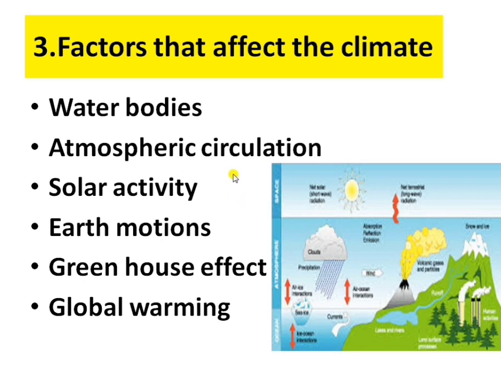Second is atmospheric circulation. These are the global winds, another factor that influences the climate because they distribute heat. You can see here they distribute heat and moisture around the earth. That's why they affect the climate.